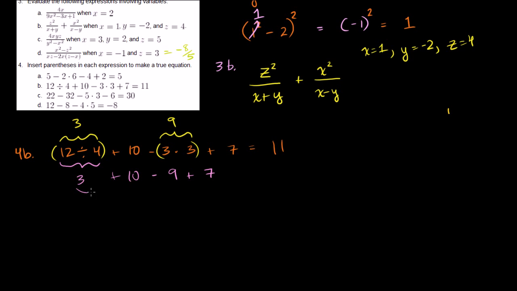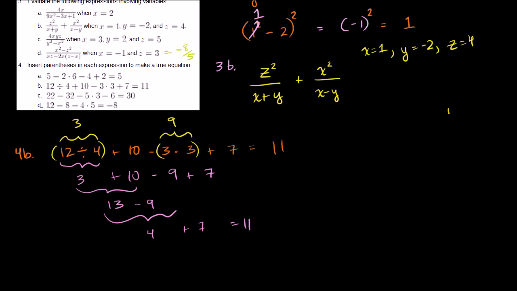This is equal to 13 minus 9, which is 4, plus 7 is indeed equal to 11. So that one wasn't too bad. You actually wouldn't have to put any parentheses to make this a true expression. You would just have to follow the order of operations. But throwing those parentheses there makes it a little bit easier to read.